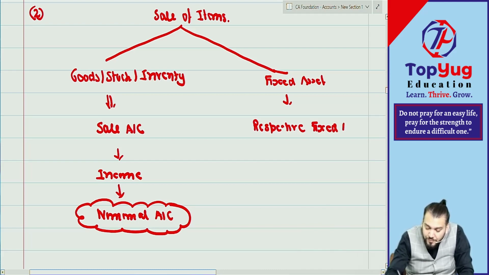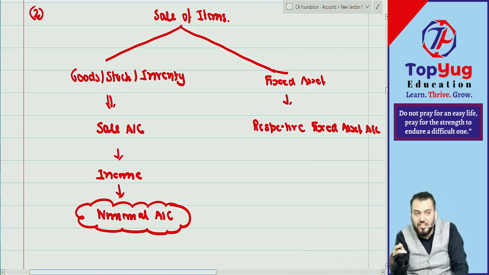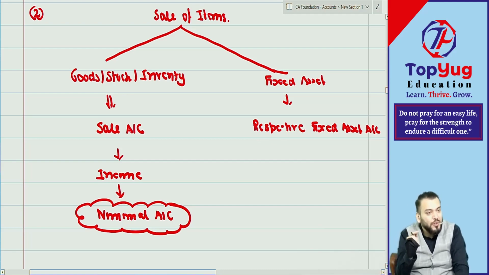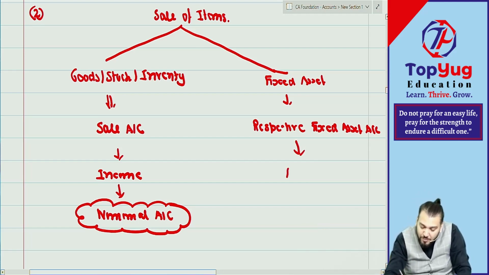Respective fixed asset account means if you have sold your furniture, the furniture account. If you have sold your land, the land account. If you have sold your mobile, the mobile account. And can you say this will be an asset only? Asset means a real account.